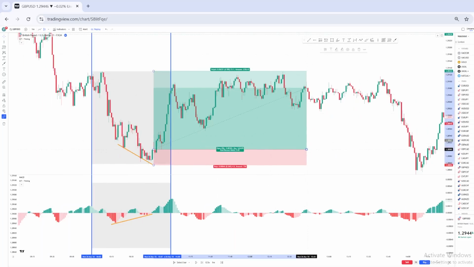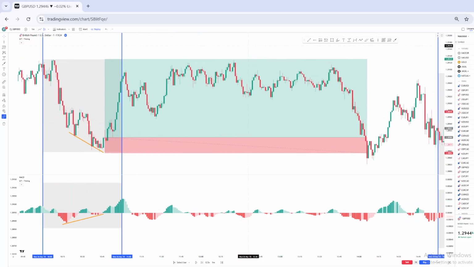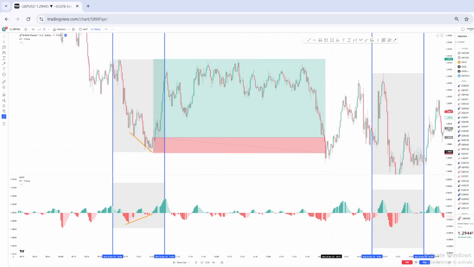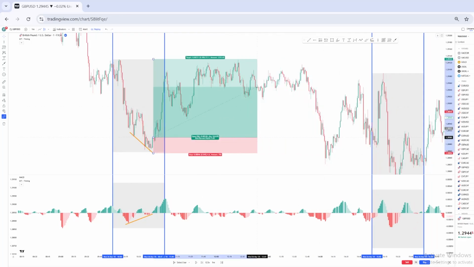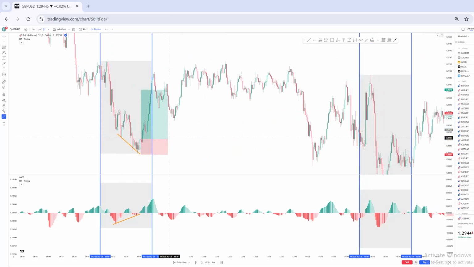So if I was stubborn and did not close it before, then I might even have taken a loss. That would be really painful for me. Like the price already went up so high. But I took it off around here.